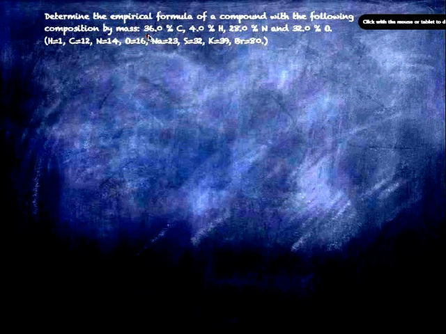So this time we have 36% carbon, we have 4% hydrogen, we have 28% nitrogen, and 32% oxygen. Again, because it's given as percentages, we just assume that we have 100 grams of the compound, so we can work with carbon at 36 grams.